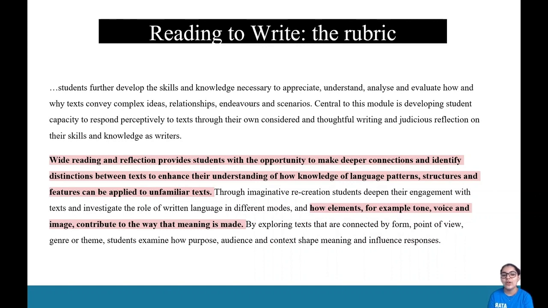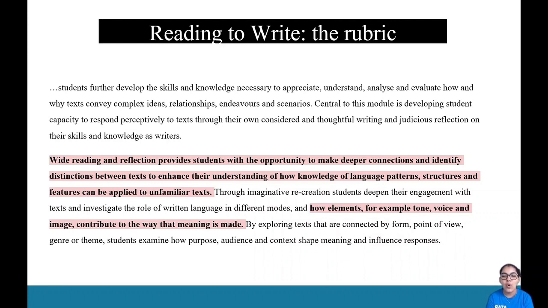So let's now have a look at the rubric, and what that involves. I won't read the whole thing, I'm just going to highlight a bit because that's really important. Wide reading and reflection provides students with the opportunity to make deeper connections and identify distinctions between texts to enhance their understanding of how knowledge of language patterns, structures and features can be applied to unfamiliar texts.